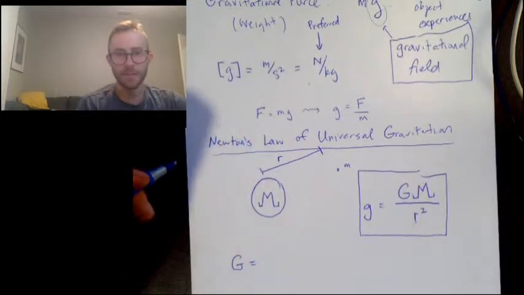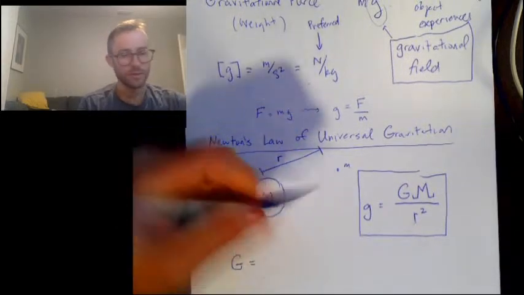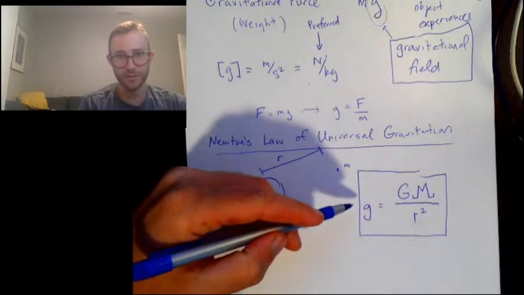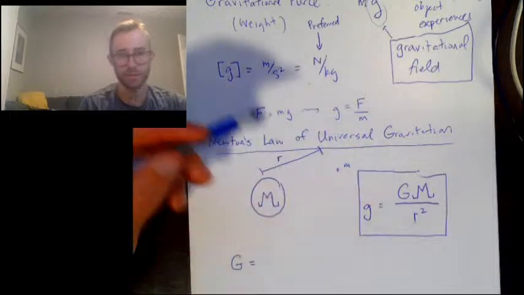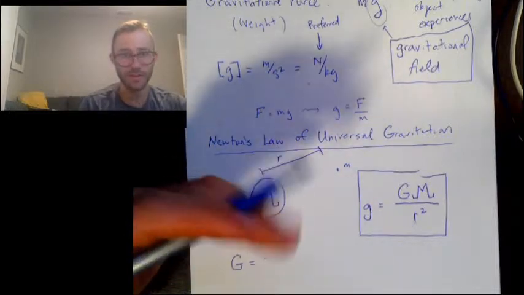Big G is called the universal gravitation constant. First of all, big G is not the same thing as little g. Little g represents the gravitational field. Big G represents a constant of nature, okay?